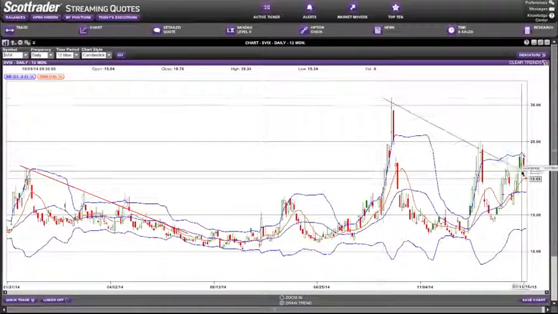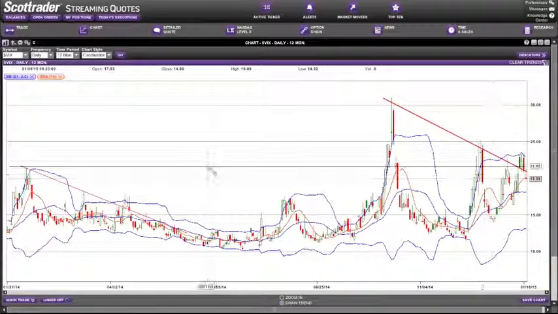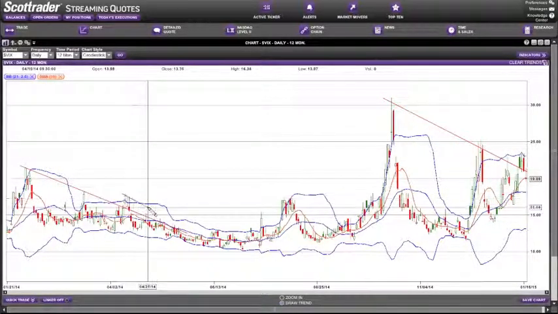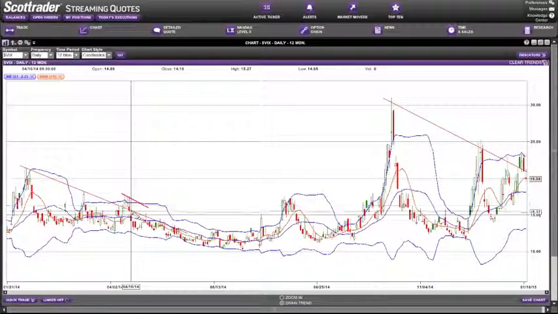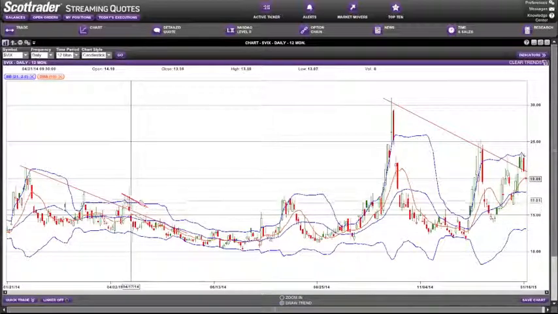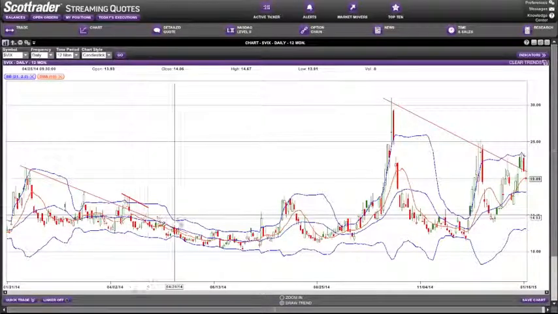So we got this coming down here, having these three candlesticks right here. 1, 2, 3. These 3 days trade above the 10-day SMA and below the Bollinger, but right on the base of that declining trend line.